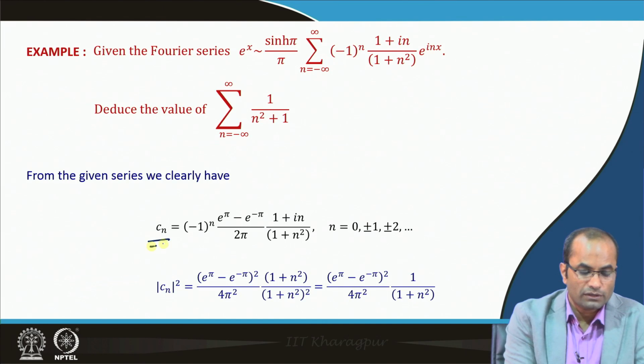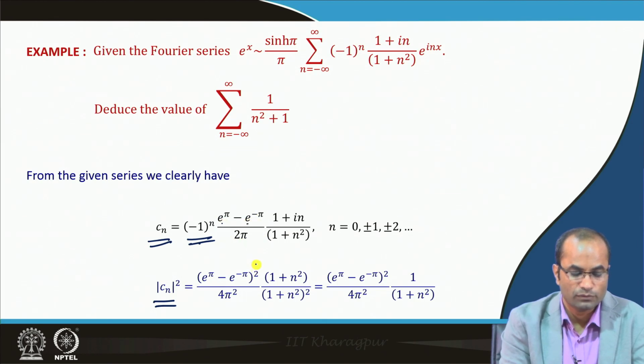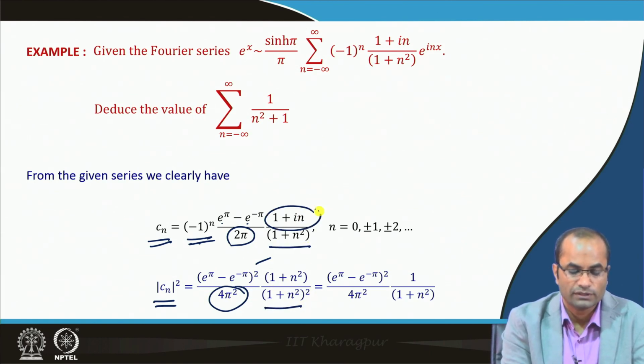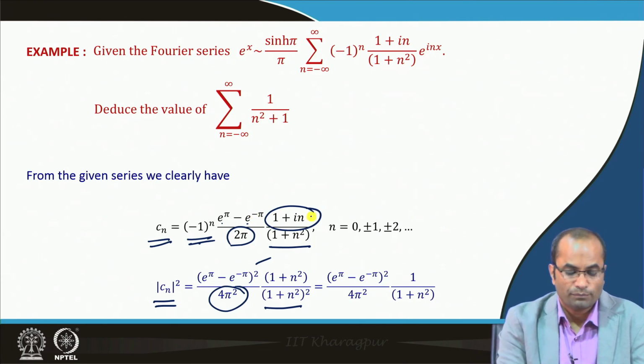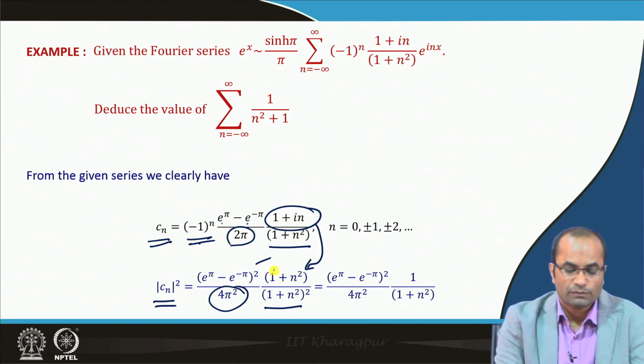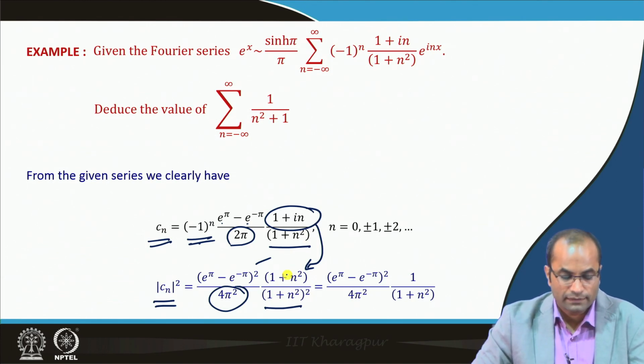So, we need its modulus now, because we need it in Parseval's identity. We can get it, and this is the square. So, we have positive (e^π − e^(−π)) whole square, there will be a 4π² term there, and then (1 + n²) whole square, and for this we have the modulus of 1 + i n. All the others are just real numbers, they will be squared, but the modulus of 1 + i n will be √(1 + n²).